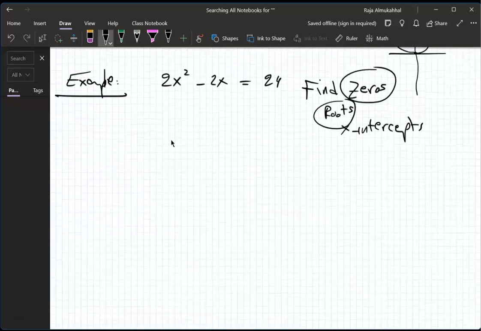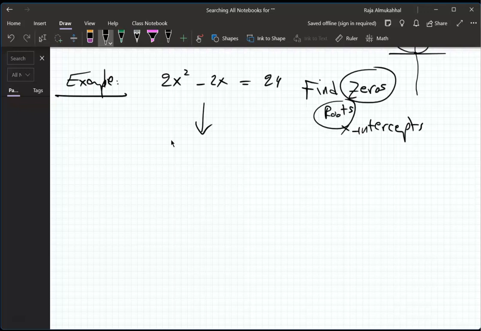So I have here 2x squared minus 2x minus 24 equals 0, right? Now look for a possibility of reducing it. As you can see, all the coefficients here, the 2 and the 24, are all divisible by 2. So this equation becomes x squared minus x minus 12, and that's equal to 0.